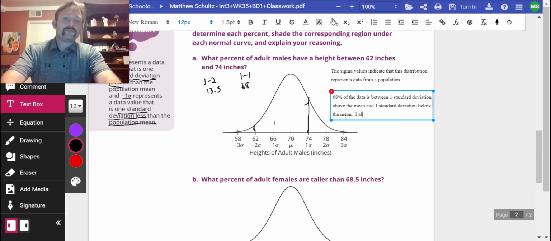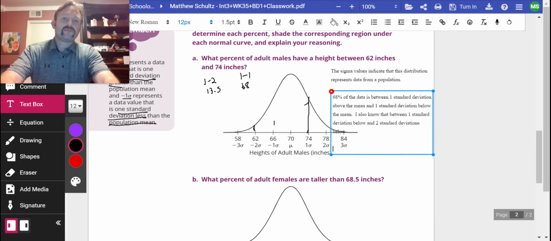I also know that between 1 standard deviation below and 2 standard deviations below, it is 13.5%.